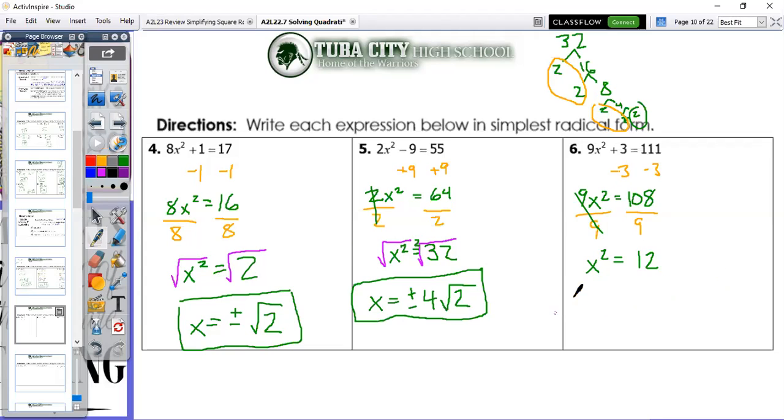Now take the root of both sides, square root both sides. And 12 is not a perfect square number, so that means I'm going to have to do a little bit of work with it. In this case, this might be another easy one, because if I said think of two numbers with 12 and one of them being a square number, you might say 4 and 3, which is true. 4 is a square number, but I'm just going to break this number down all the way and look for the pairs.